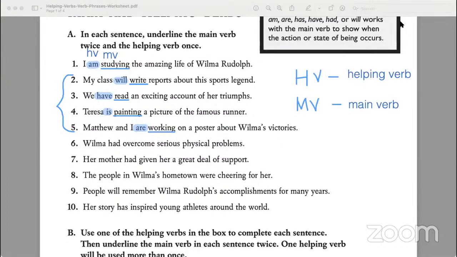Right. Let's do a few more. So if you guys can have a go with number 6 to number 10.